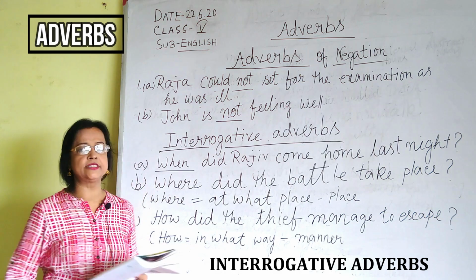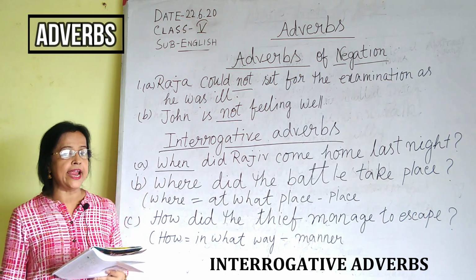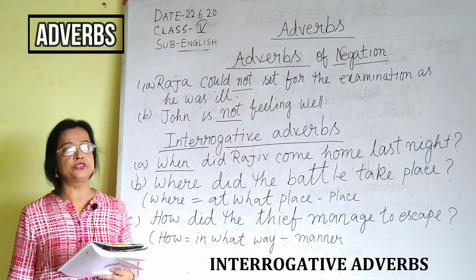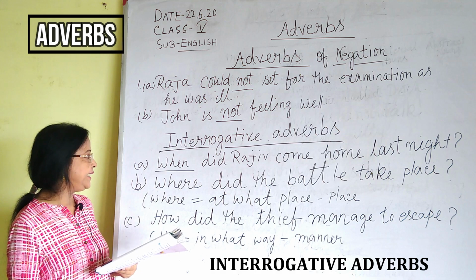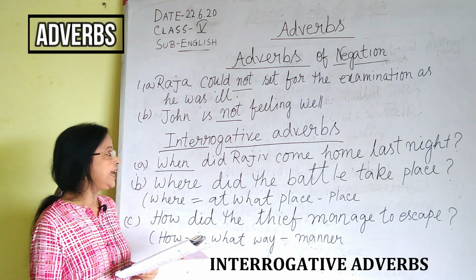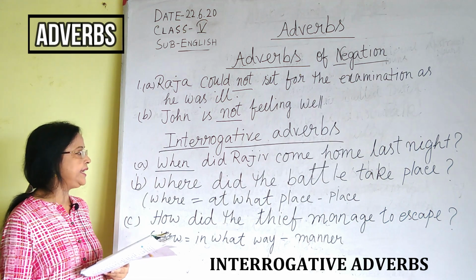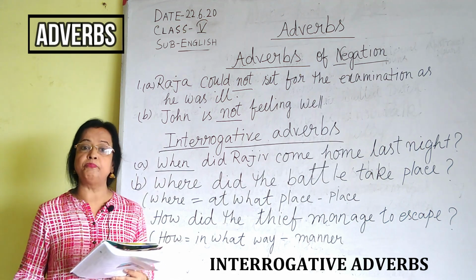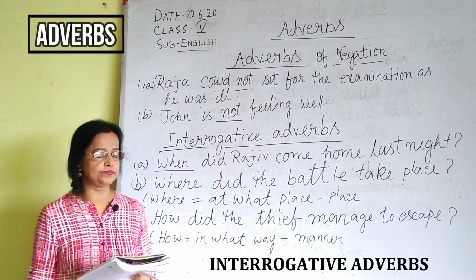Here when is an interrogative adverb acting as an adverb of time. Number 2. Where did the battle take place? Here where is acting as an adverb of place because it asks at what place.